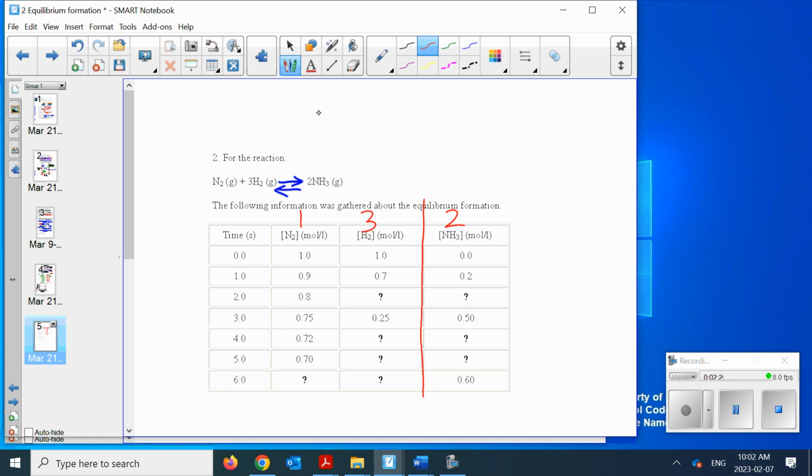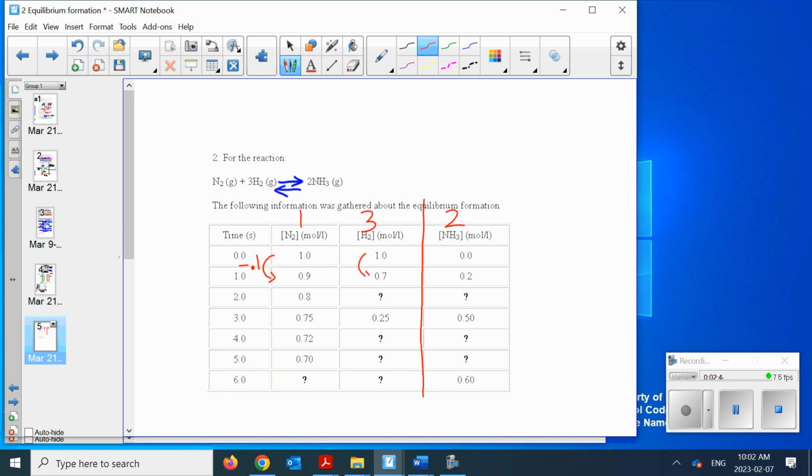The first one is completely filled up from 0 to 1. But let's just analyze this and see how the ratio is. When this goes down by decimal 1, I'll put the minus 0.1. It's supposed to be in a 1 to 3 ratio with hydrogen, right? So it goes down by 3 times that much.